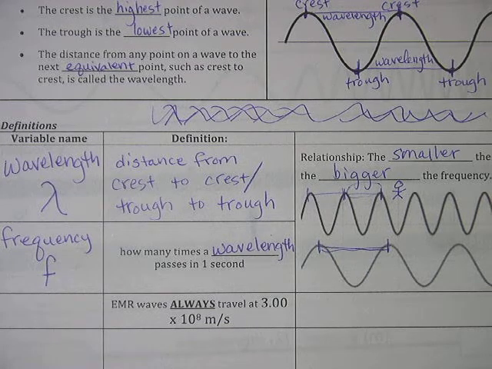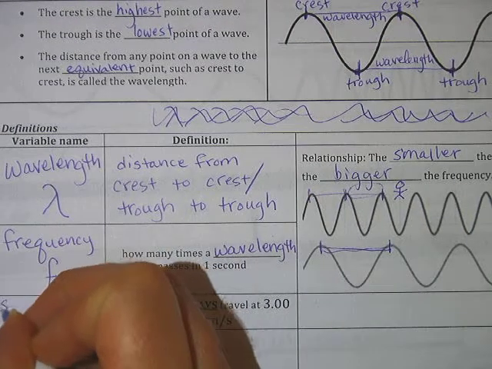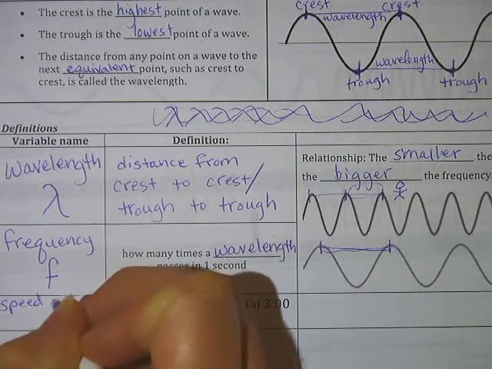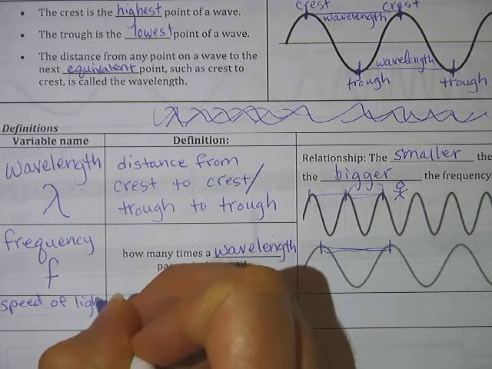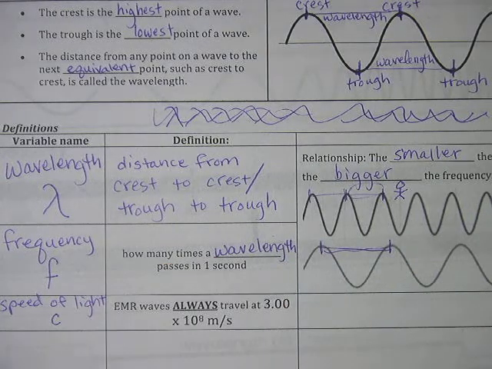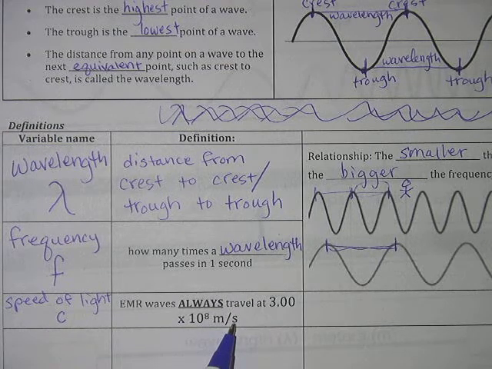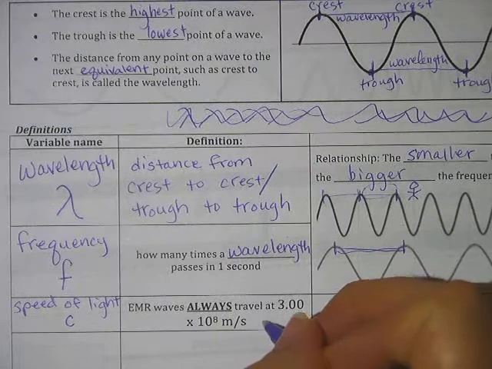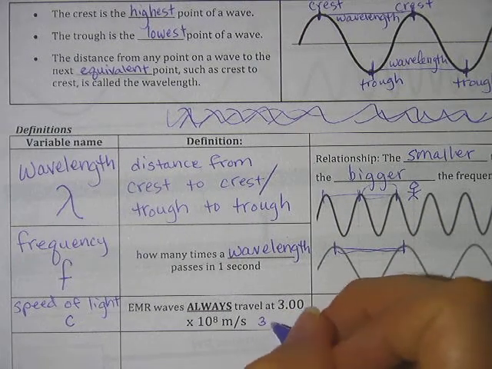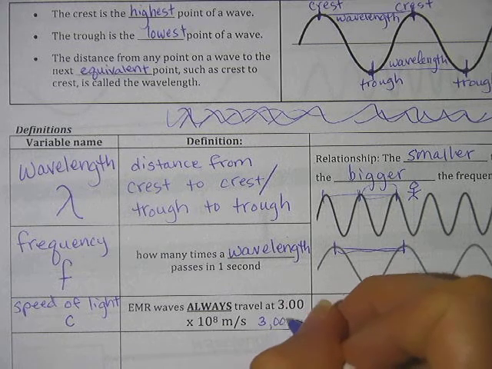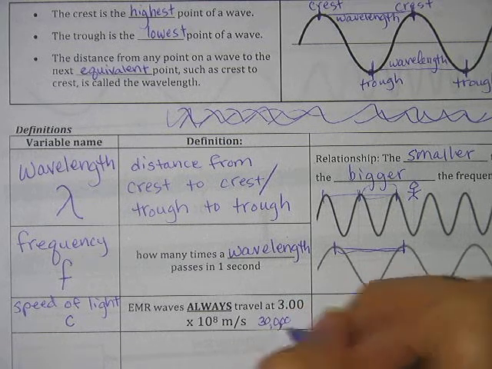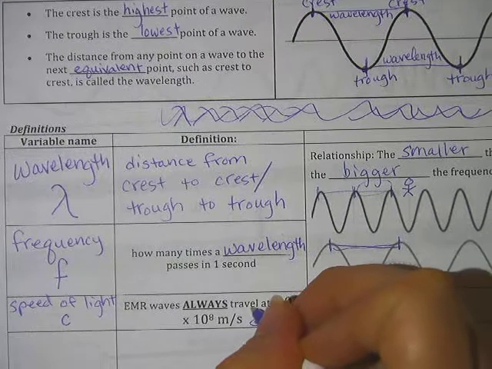Another variable we have is the speed of light. Eventually we're going to use a lowercase c to stand for speed of light. Electromagnetic radiation waves always travel at 3 times 10 to the 8th meters per second. So that's, again, 3 times 10 to the 8th.